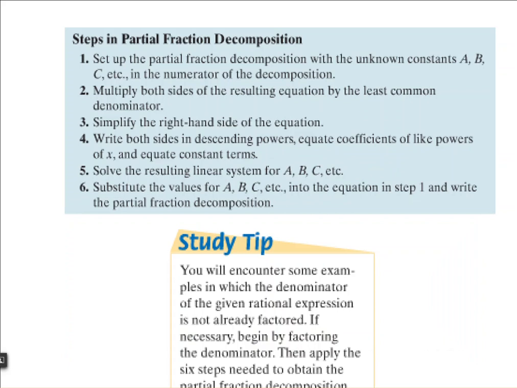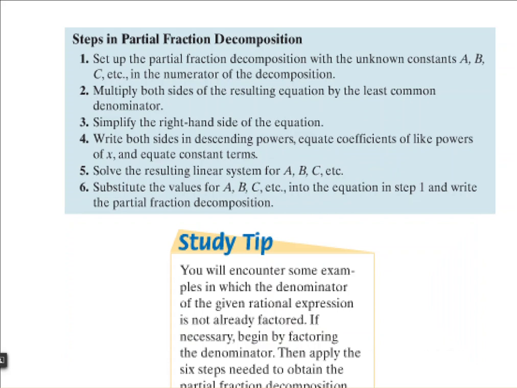Again, you may want to pause the video and jot these steps down. The first thing that we will do is set up the partial fraction decomposition with unknown constants a, b, c, d, whatever else we need in the numerator. Step 2, we will multiply both sides of the equation that we created by the least common denominator. Step 3, we want to simplify the right hand side of the equation.